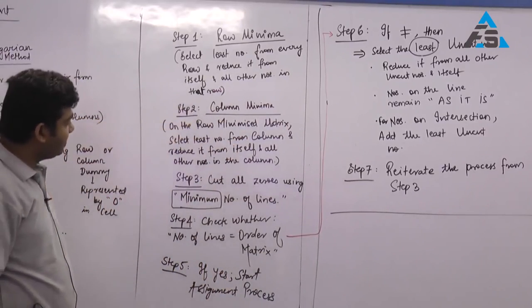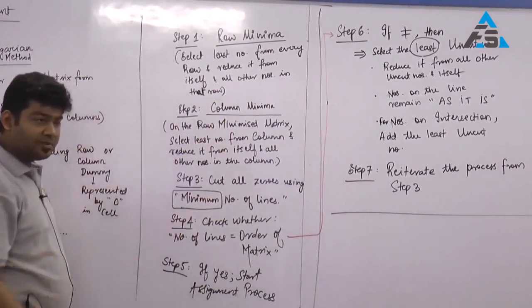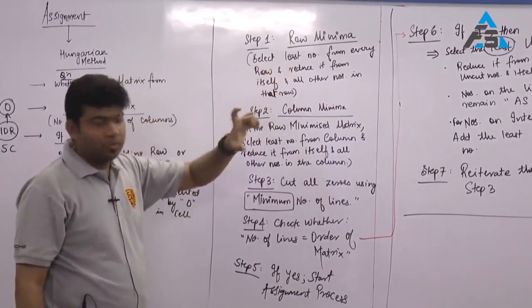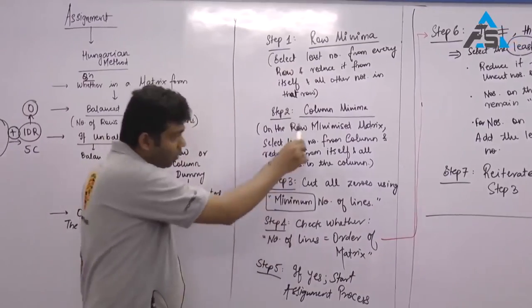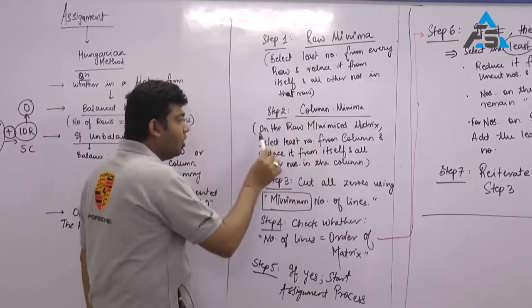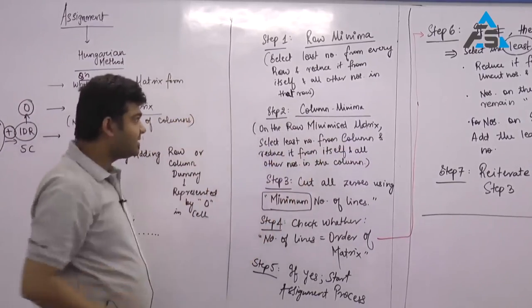Then comes column minima. On the row minimized matrix, जिसके ऊपर मैंने row minima already perform कर लिया है, so there will be the original question. I will perform a row minima. So row minima करने के बाद जो मेरा question दिखता है, उसके ऊपर मुझे क्या perform करना है? उसके ऊपर मुझे perform करना है column minima. On the row minimized matrix, select least number from the column. Concept wise similar.